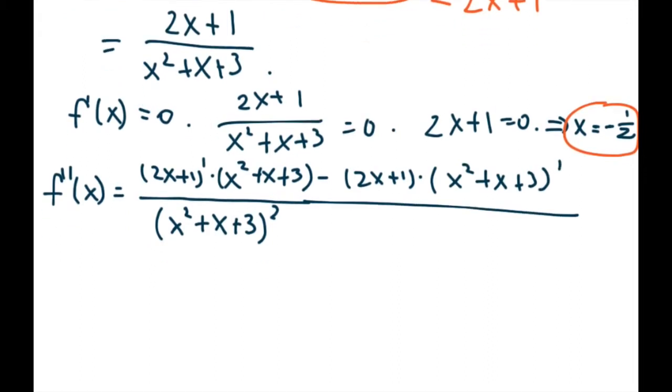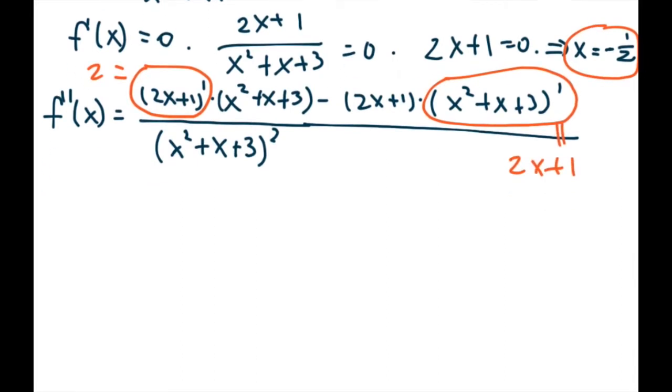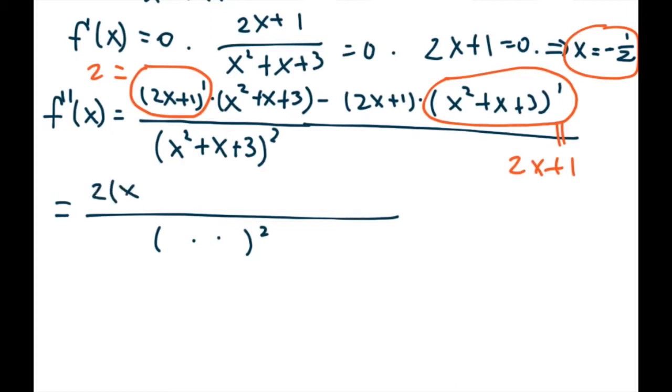We can see that this part is just 2, and this part is equal to 2x plus 1. So if we combine them together, we still have this denominator squared, and the numerator is 2 times x squared plus x plus 3 minus 2x plus 1 squared.